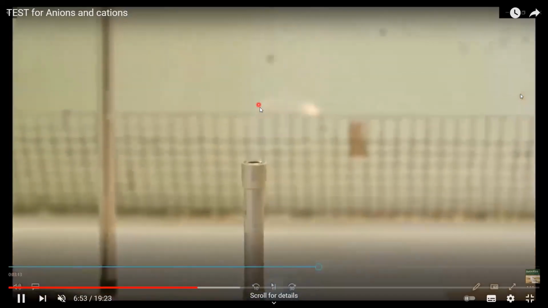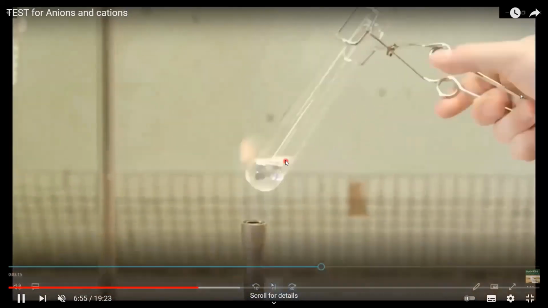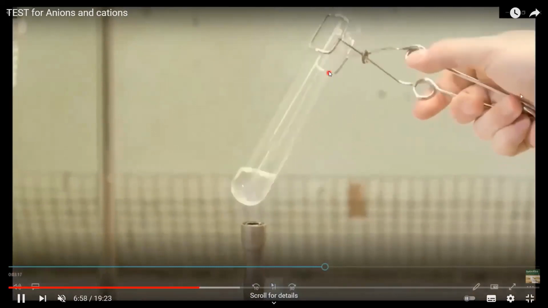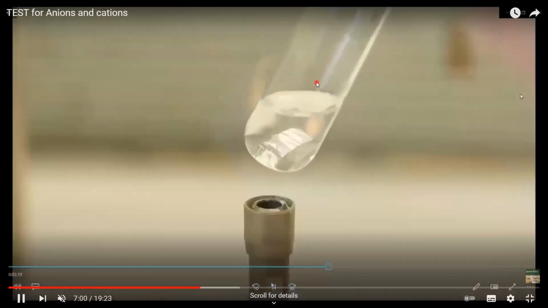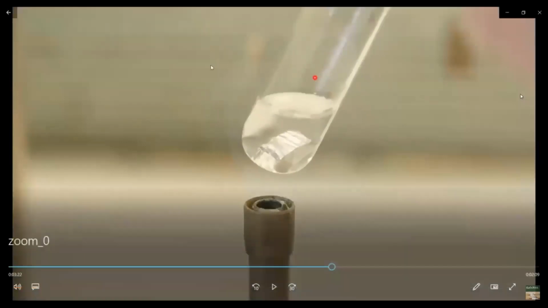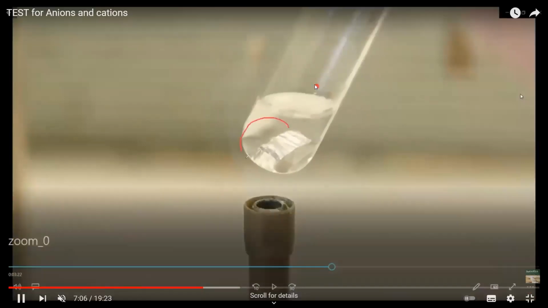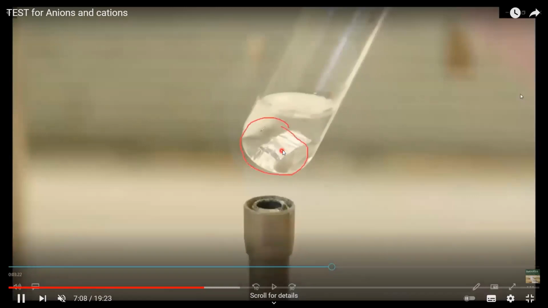So when we heat this mixture, it will give ammonia gas, and that ammonia gas has a pungent, irritating smell. This pungent gas will turn the red litmus paper blue. So this is the aluminium foil you can see, and to the salt solution we add sodium hydroxide, and as a result it will give NH3 or ammonia gas.